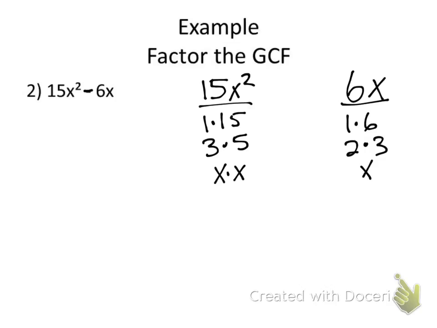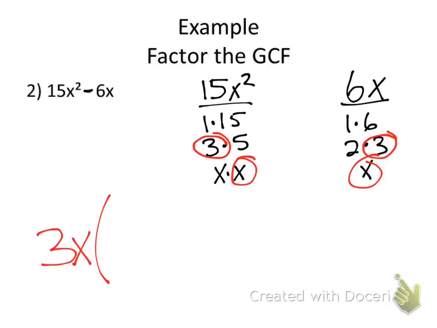All right, so what's the greatest common factor? 3 is in both. Do they have any variables in common? Yes. X. So I am going to pull a 3x out of each number. So I'm going to write a 3x in the front. I'm going to go back through and divide by 3x.